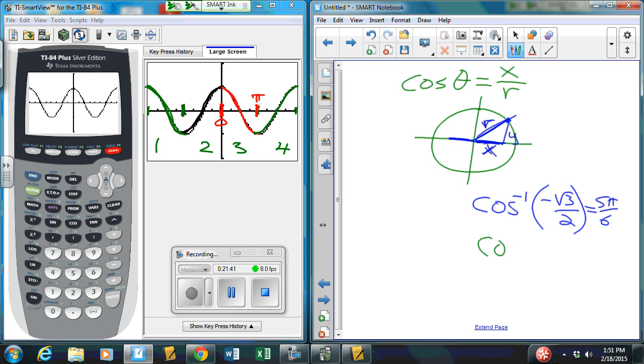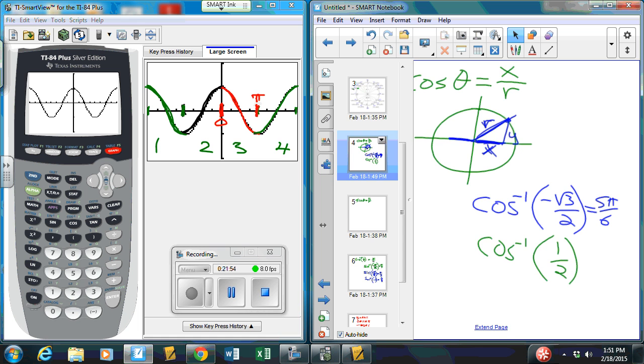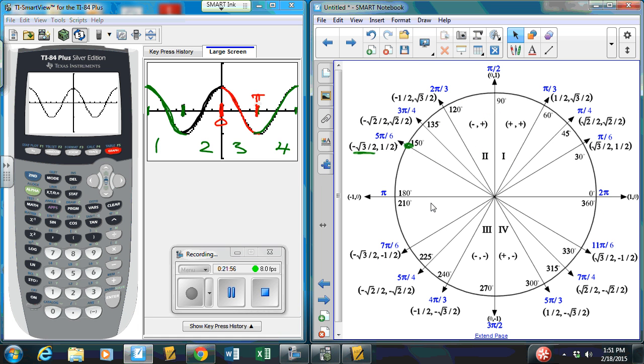Cosine inverse of 1/2. When you have this, raise your hand. Cosine inverse of 1/2. Maddie.